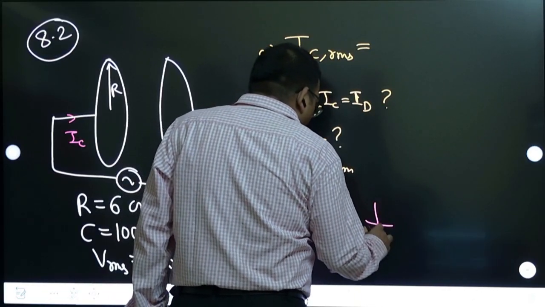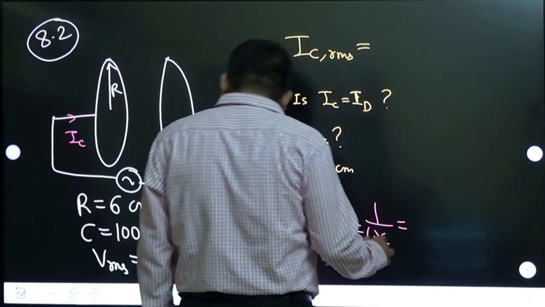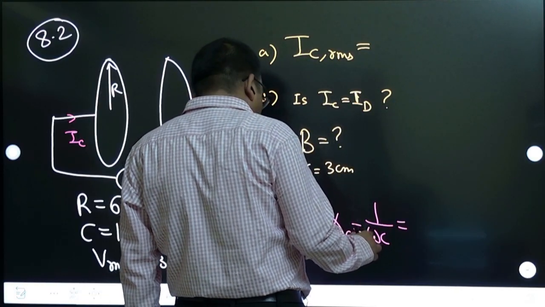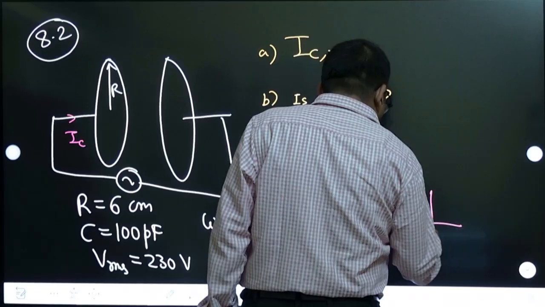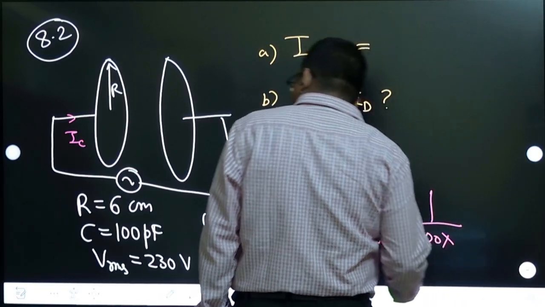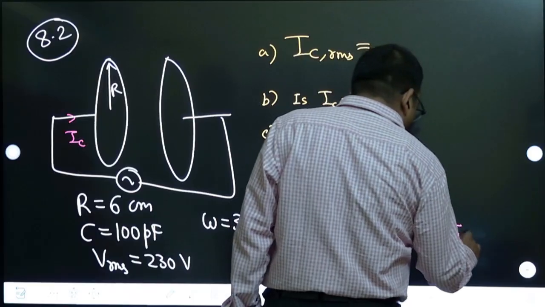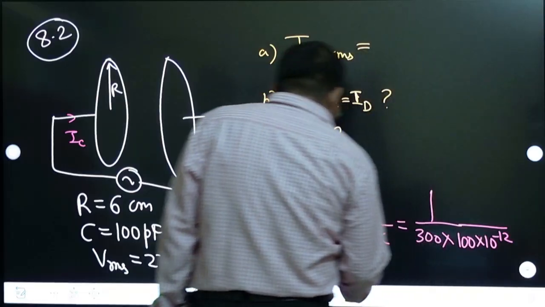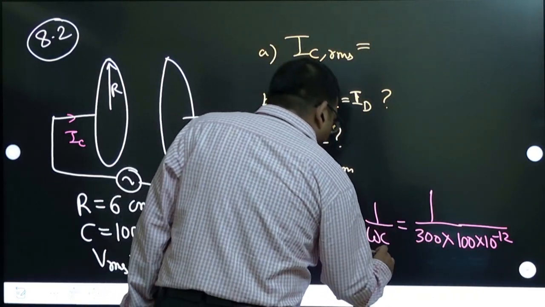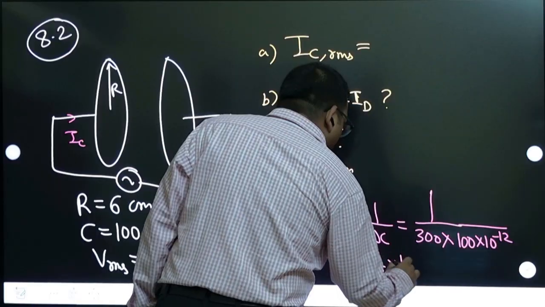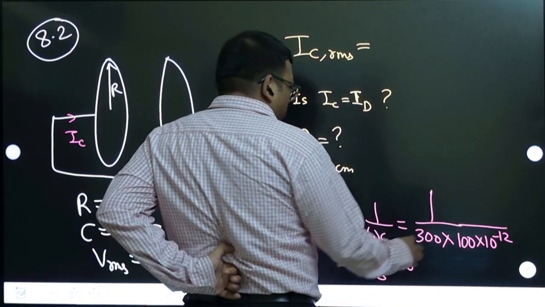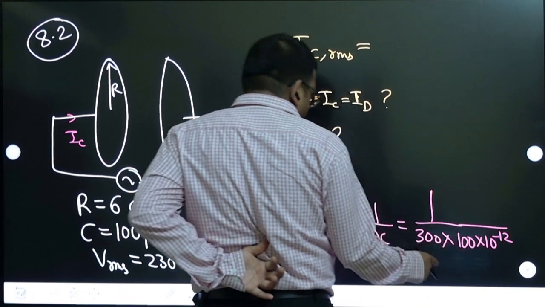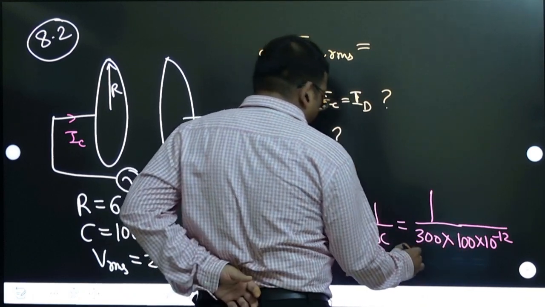XC is 1 by omega C. XC is 1 by 300, and the capacitance is 100 pico, 100 into 10 to the power minus 12. Calculate this: 1 by 3, keep it as it is, and take out the powers of 10, so minus 8 becomes plus 8.